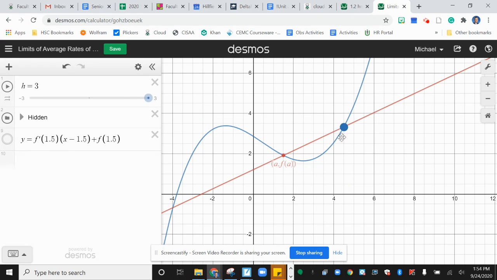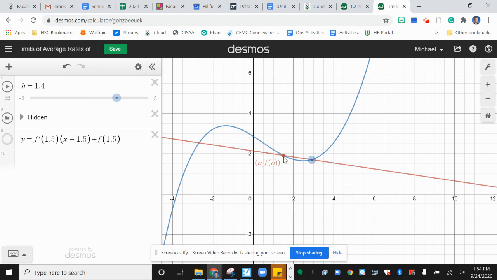If this red dot is at the point A, and the blue dot is at this A plus H, we currently have a gap between these two points right now.